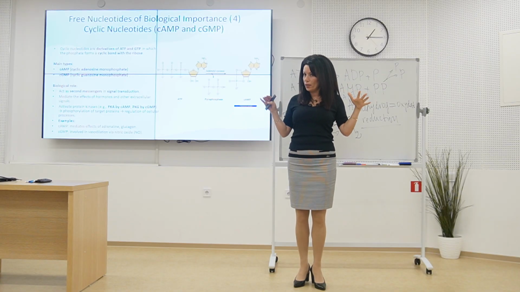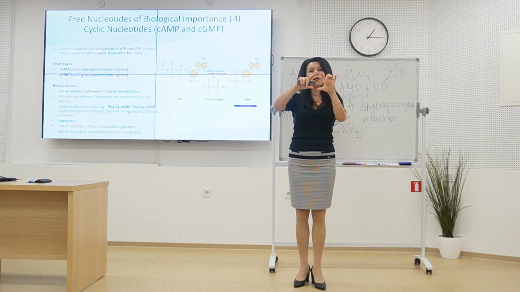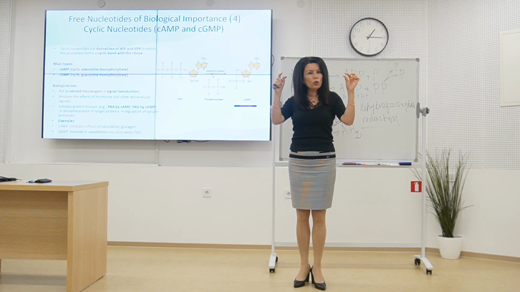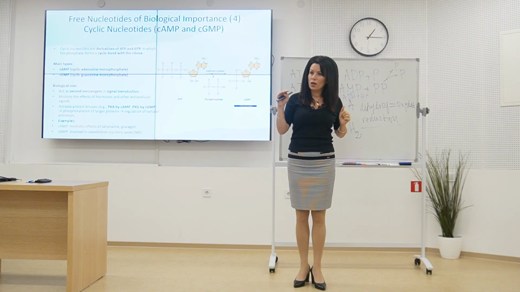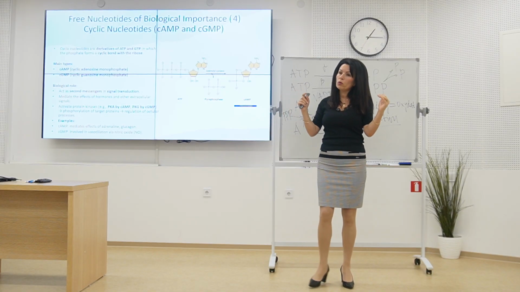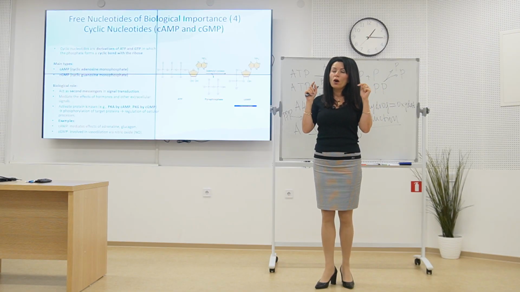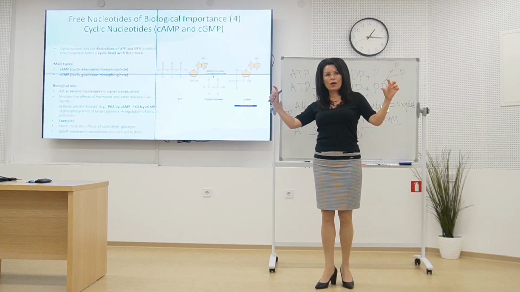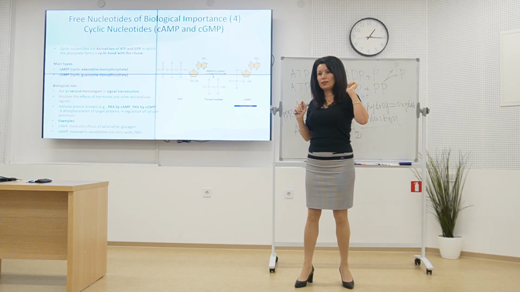Do you remember this from the first lecture? Because the cell membrane is lipid soluble, which means only lipid soluble compounds can cross the membrane. The water soluble cannot. That's why water soluble hormones are recognized by membrane receptors. They cannot enter the cell.